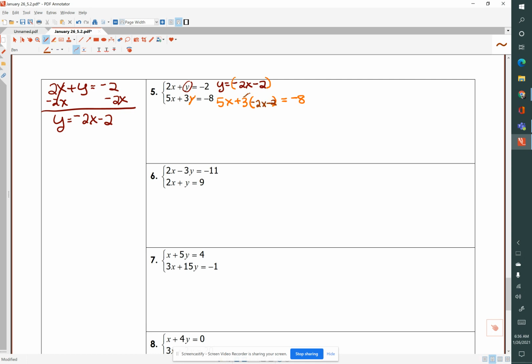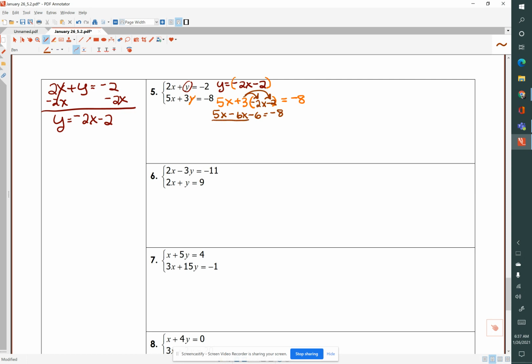The first thing I need to do is distribute. 5x plus, well, we have 3 times negative 2, so it's not going to be plus, it's going to be minus. So it will be 5x minus 6x minus 6, 3 times negative 2 is 6, equals negative 8.